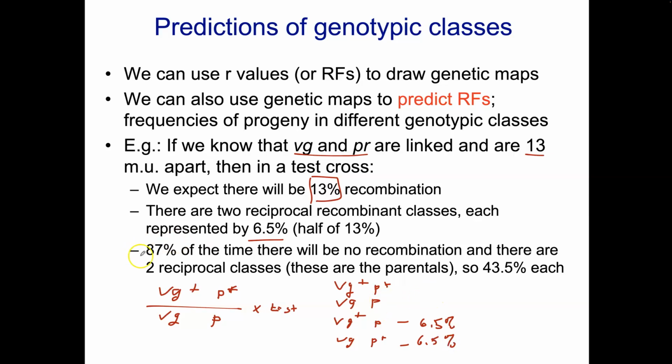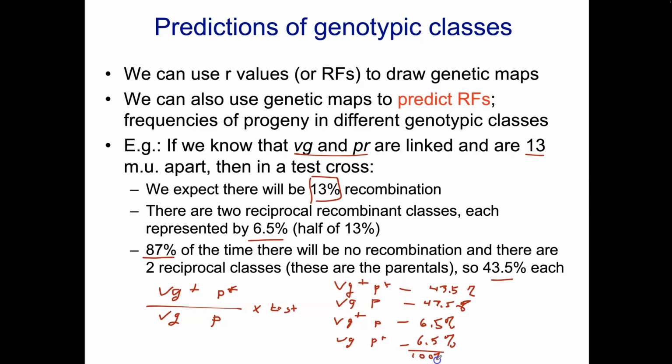And so that will be 87%, 100 minus 13%, and half each of these. So that I'm expecting to see 43.5% for each of these. And a good way to check and make sure that your numbers have been correctly calculated, they should add up to 100%. So that's always the best check.